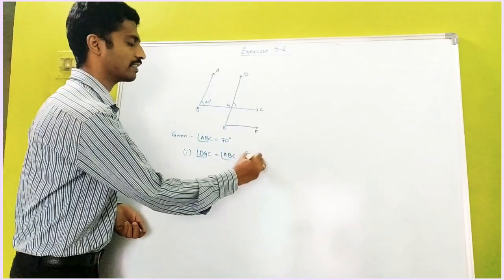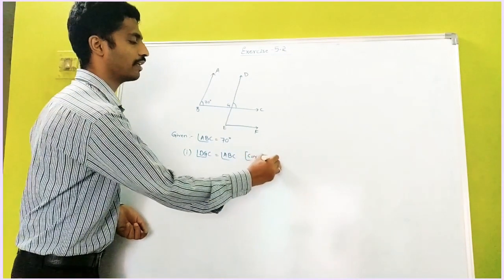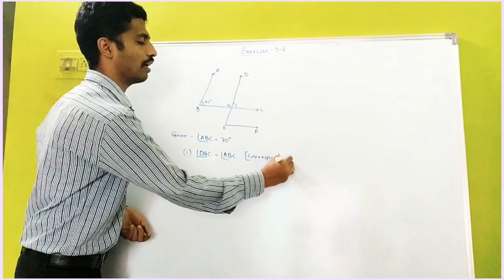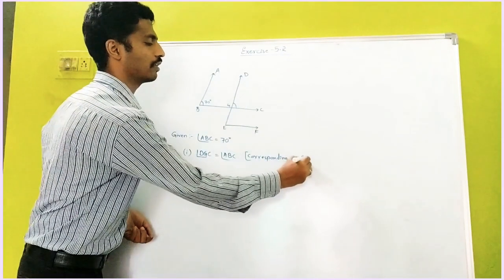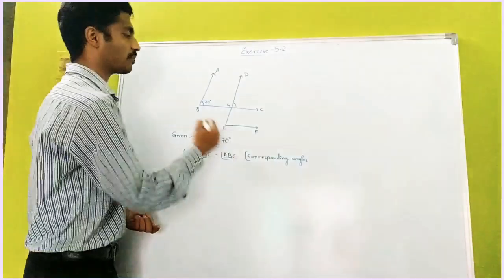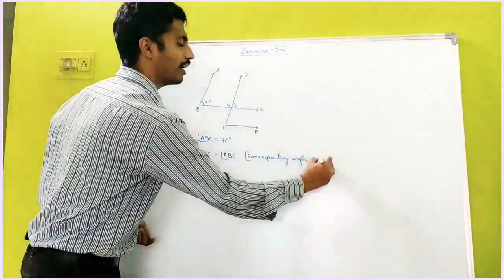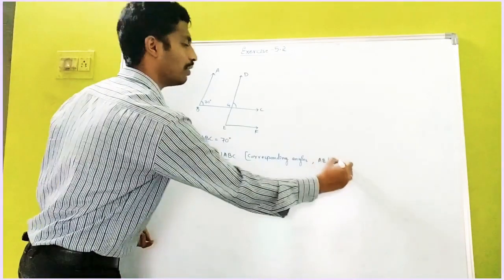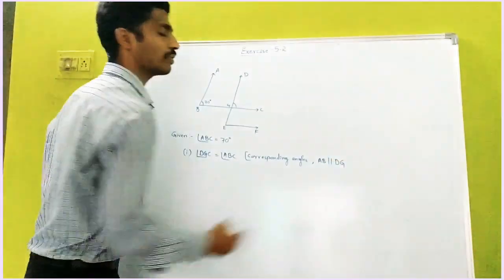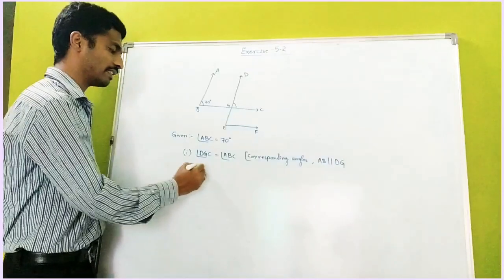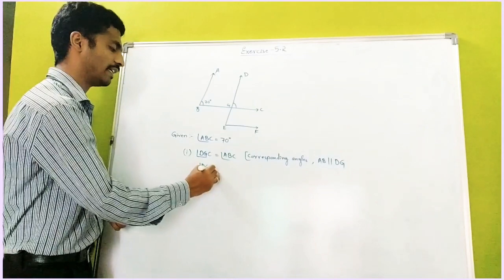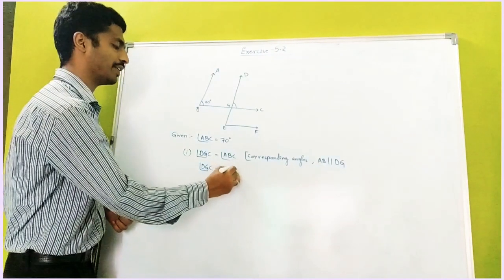Corresponding angles. Where AB is parallel to DC, these are corresponding angles. That's why DGC equals 70 degrees.